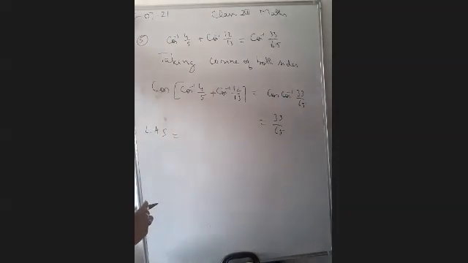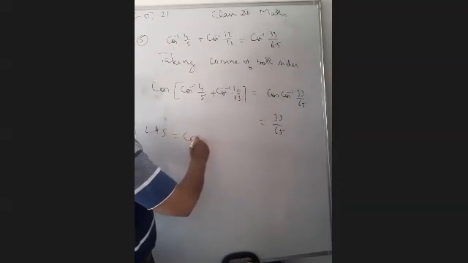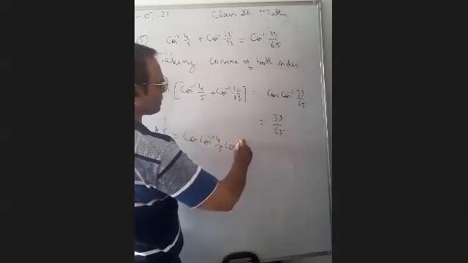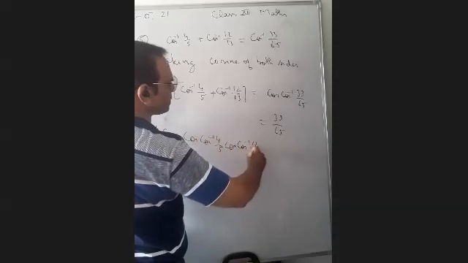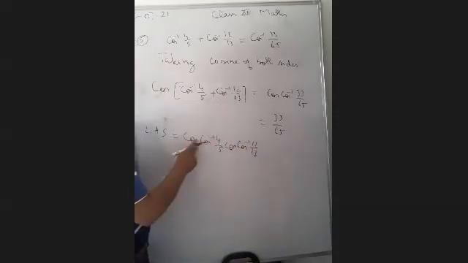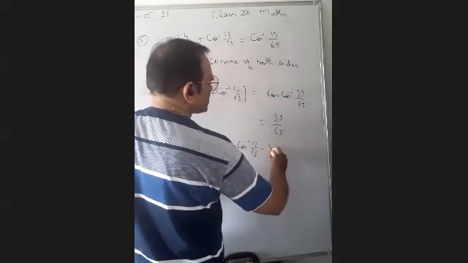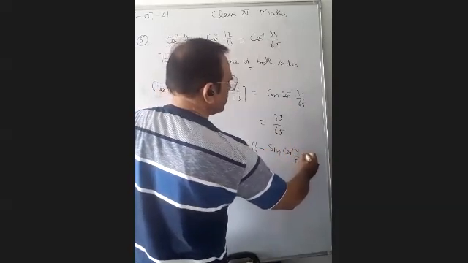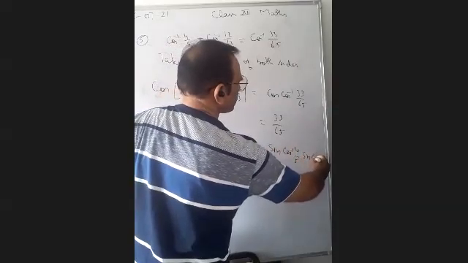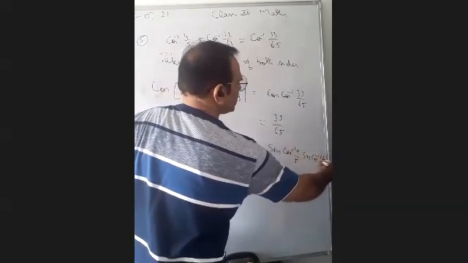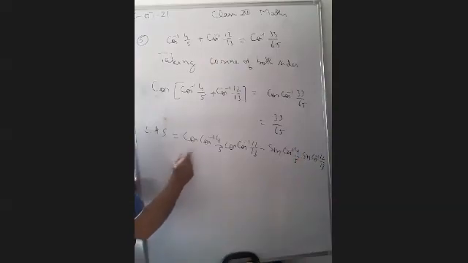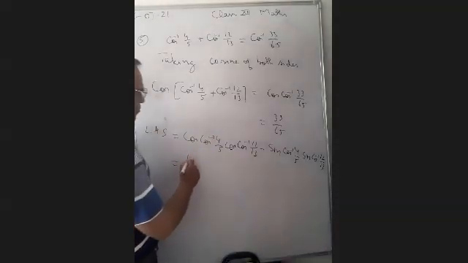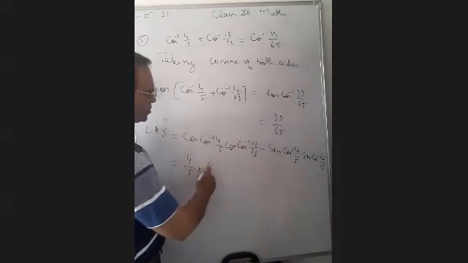We know the formula of cos x plus y: cos x cos y minus sin x sin y. So we have 4 upon 5, and sin y is 12 upon 13. The cos inverse will cancel, which will be equal to 4 upon 5 only. It will be equal to 12 upon 13.